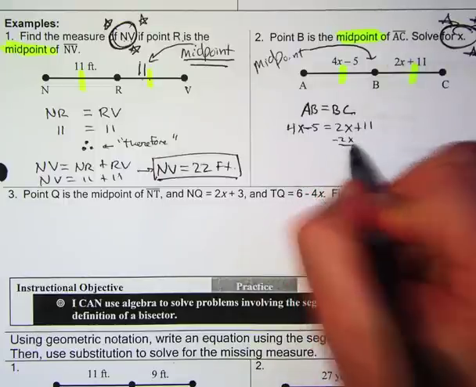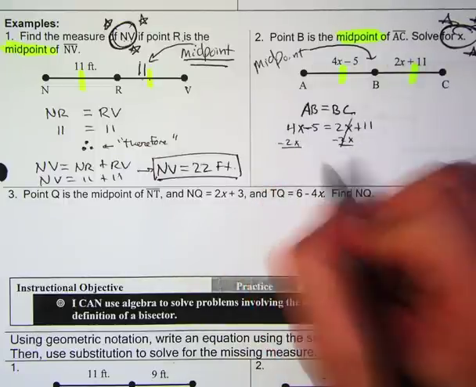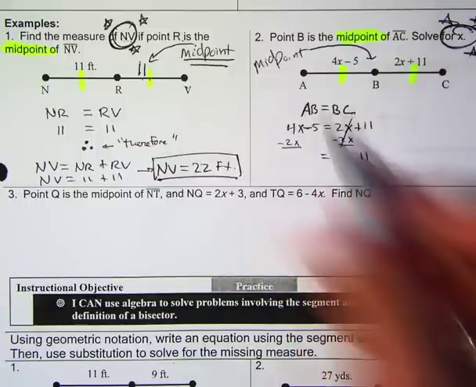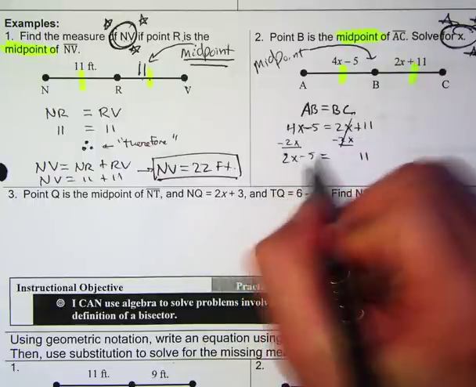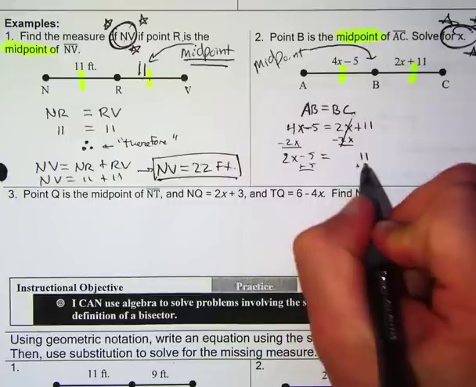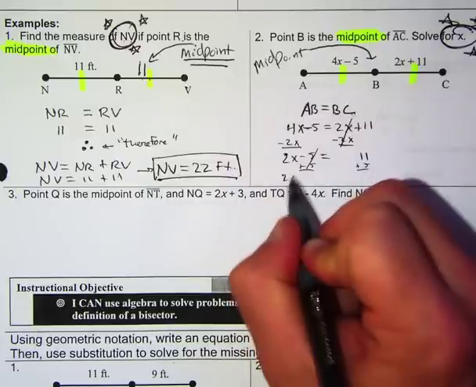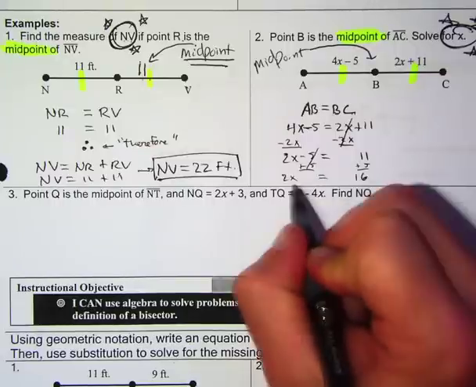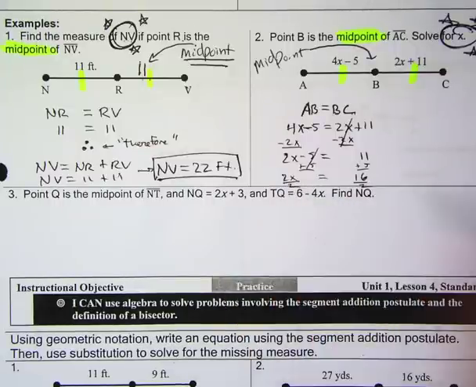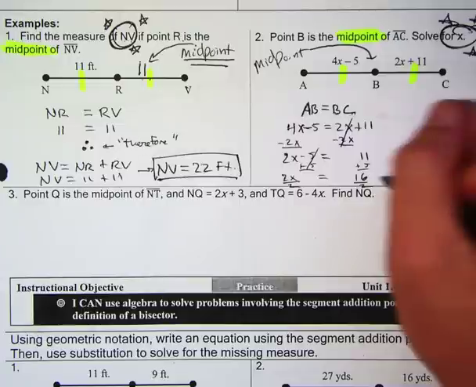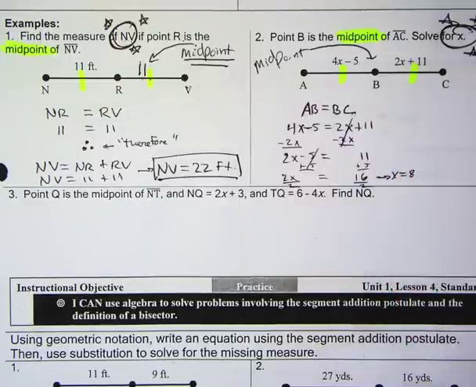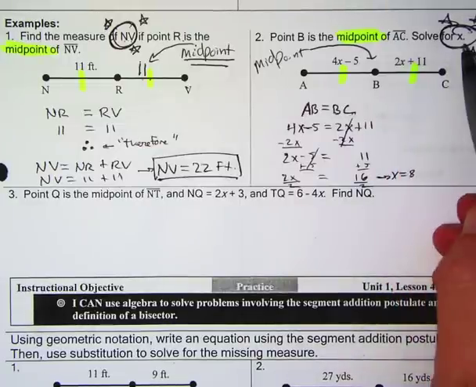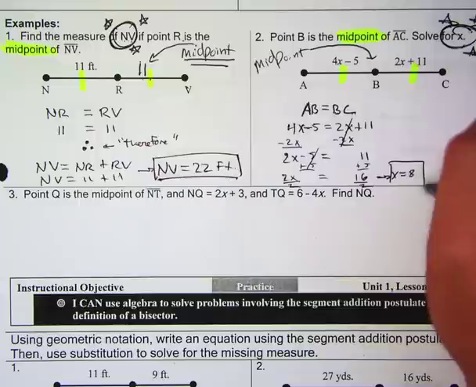And now I let my algebra take over. I'm going to add 5 to both sides here to undo the minus 5. And then I'll divide both sides by 2. And finally, I'm going to get x is equal to 8. Is that what I'm looking for? Yep, so I'm good to go.